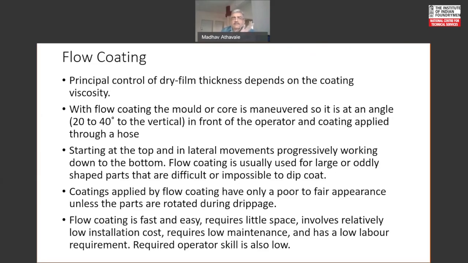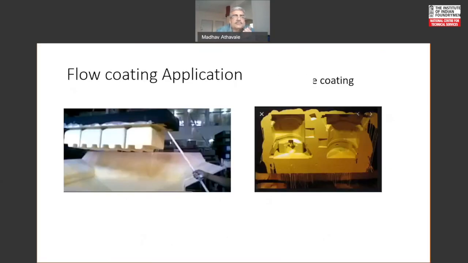Now, flow coating is very fast and easy. It requires little space, but it does require space for a collection tray and a stand for keeping your molds and cores. It involves relatively low cost installation, low maintenance, low labor requirement, and the operator skill level also is low.